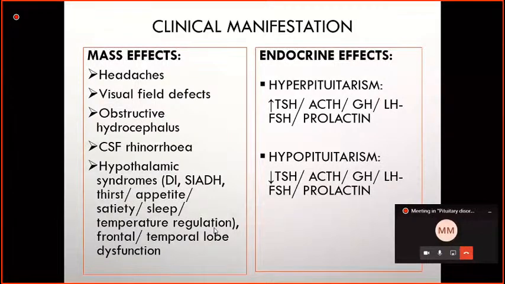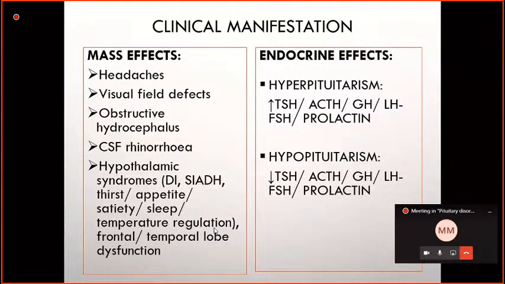Because the function of the pituitary is to produce hormones, of course when you have pituitary lesions, you can have hyper or hypopituitarism depending on increase or decrease in the hormone produced by the pituitary. Correct?